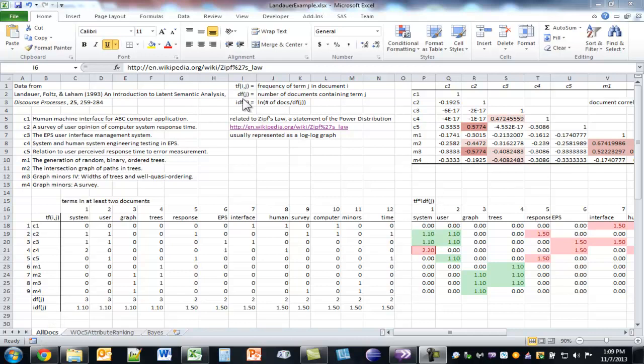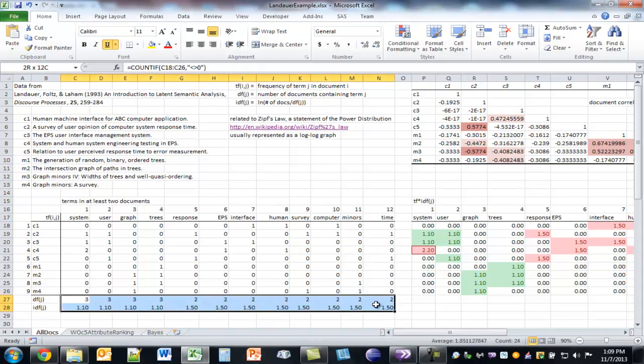And that becomes about, we begin with document frequency of a term J, and that's just how many documents that J appears in. And so here's a row of document frequencies. Term 1, system, appears in 3 documents. Term 2, user, appears in 3.